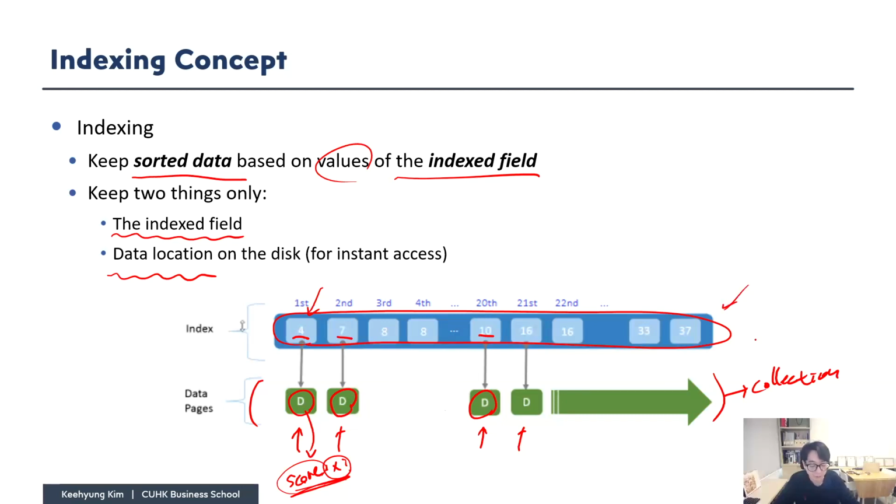It will keep that score information and also a link to the original document. So in the future, if we want to find a document with a score 10, we find score 10 here, and it has a link. We follow the link, and there is the document actually stored in our collection. So that's what an index does and keeps in our database system: the indexed field and data location.